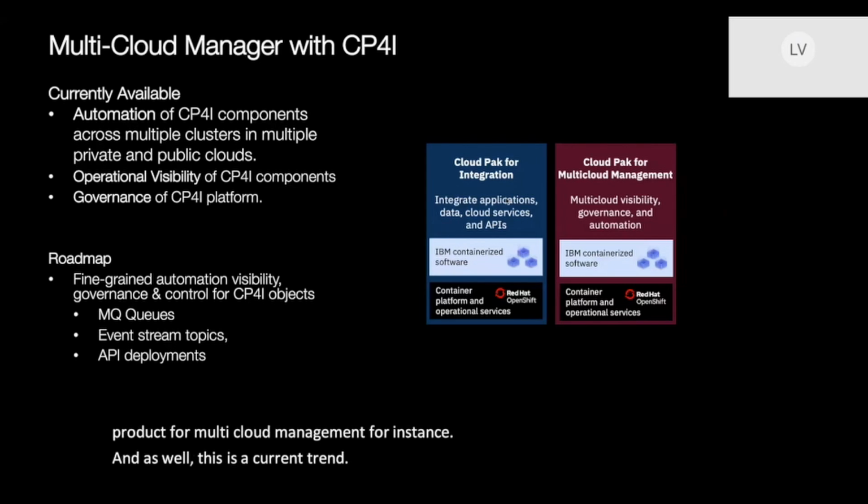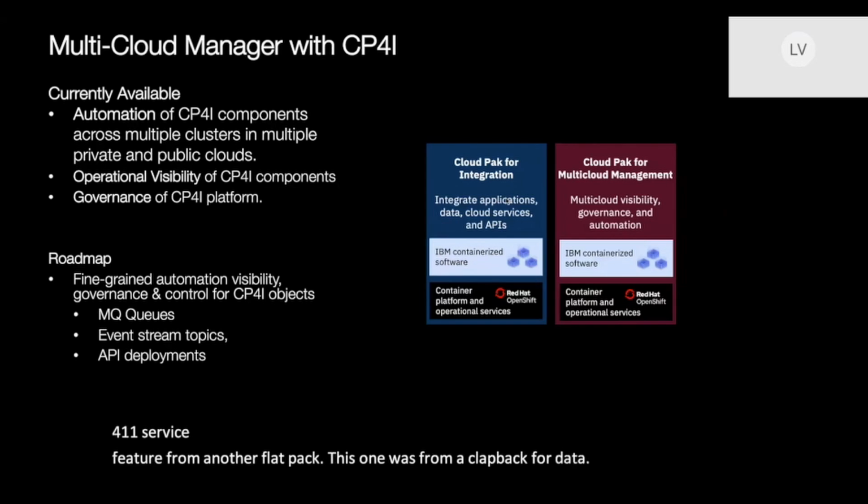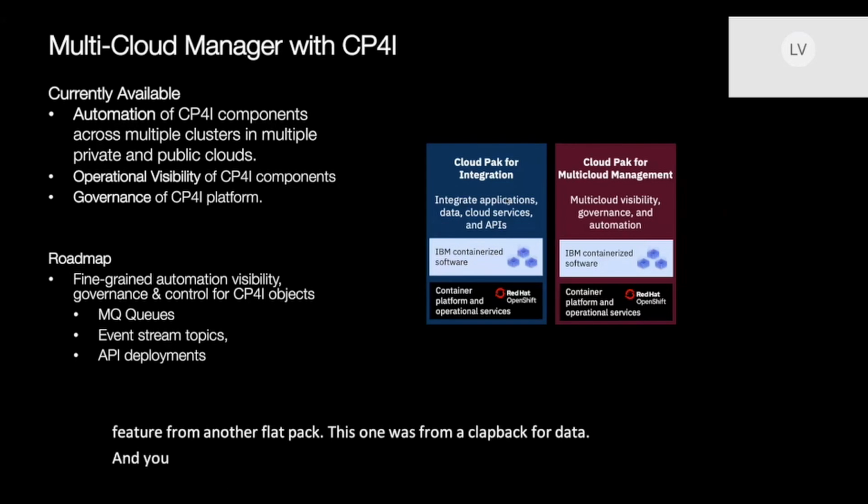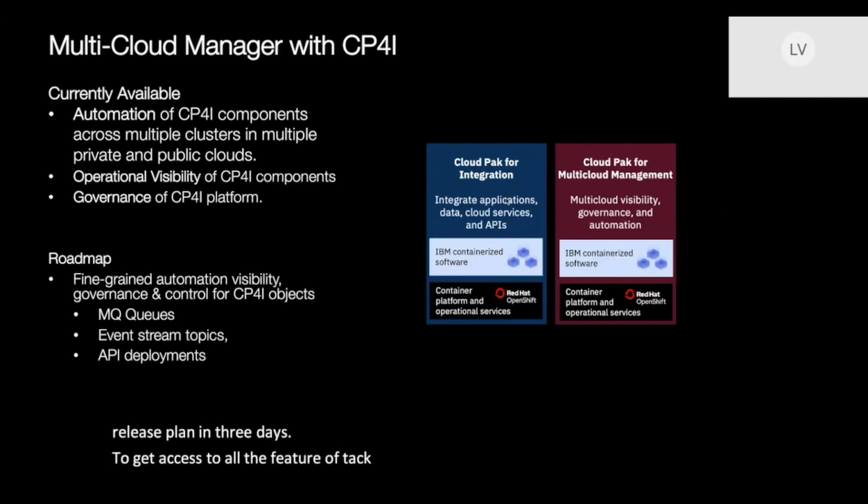You will see with the common services, we leverage a service feature from another Cloud Pak. This one was from Cloud Pak for Data. And you will see during the roadmap, and that's what I expect for the next release planned in 3 days, to get access to all the features of Cloud Pak for Integration directly from the OpenShift console.